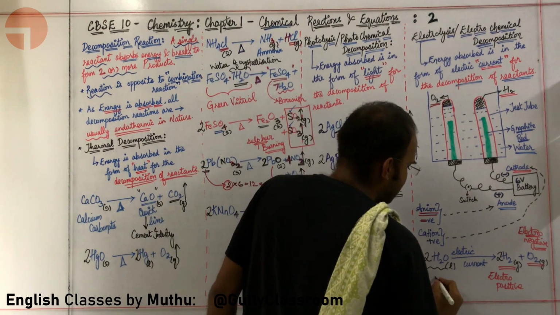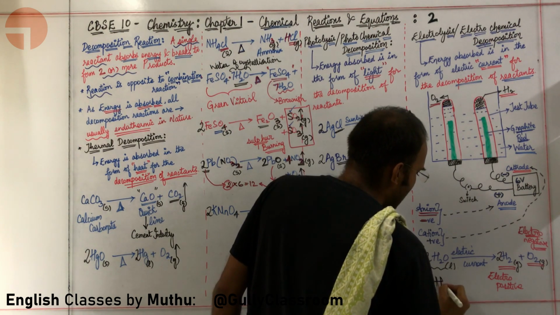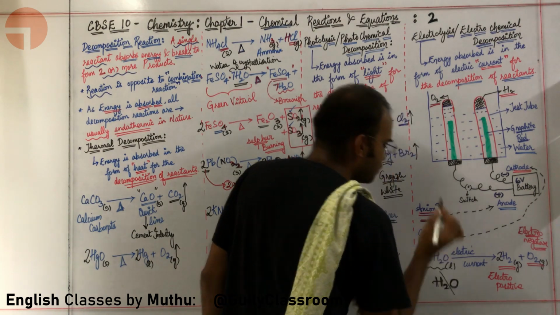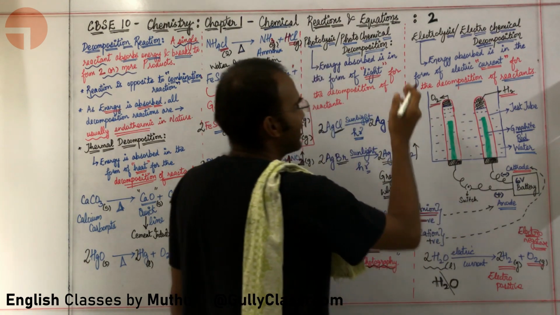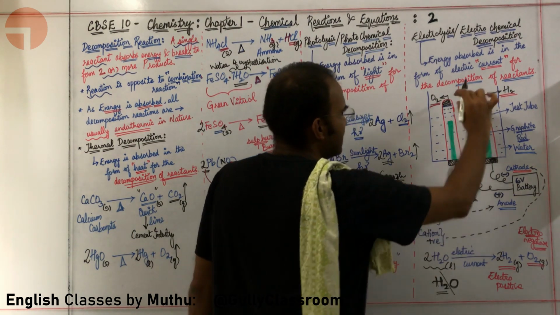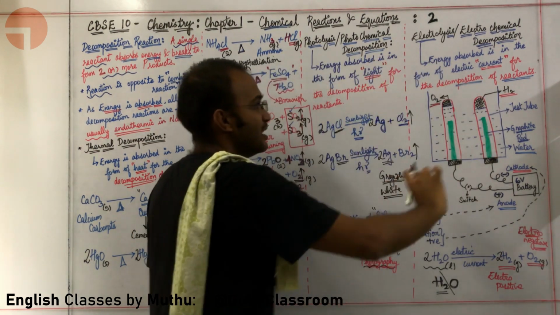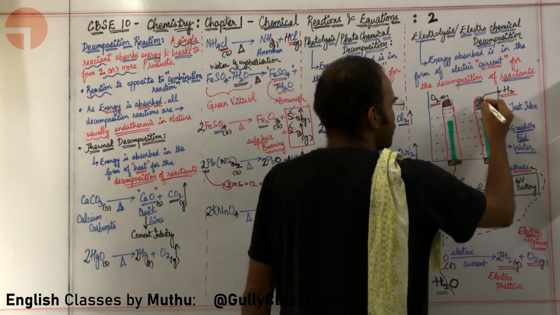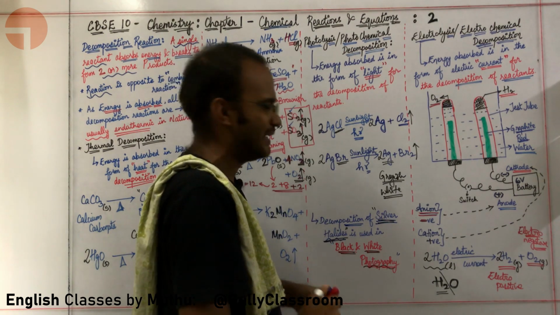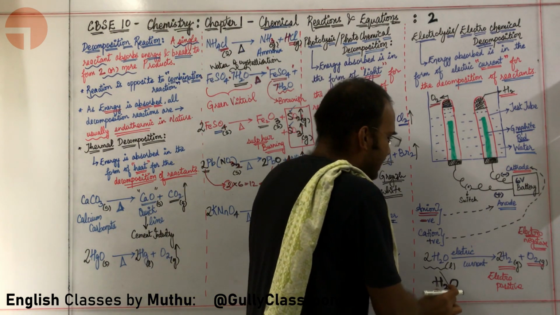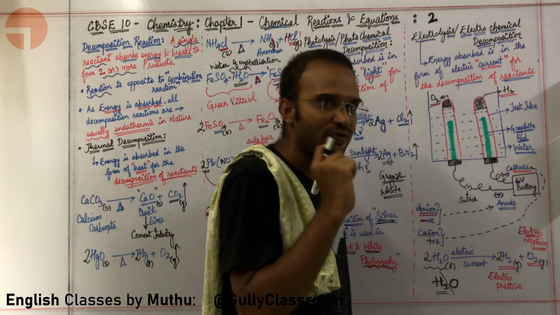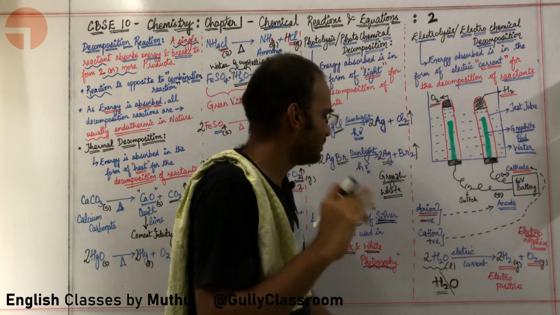Look here, even in water, there are 2 atoms of hydrogen and 1 atom of oxygen. So if you break this using electric current, using the process of electrolysis, you are going to get hydrogen double that of oxygen.